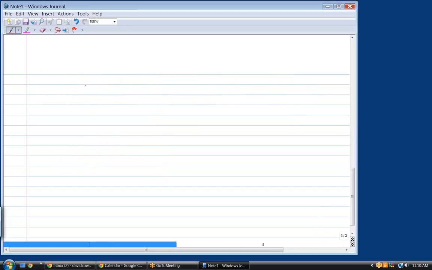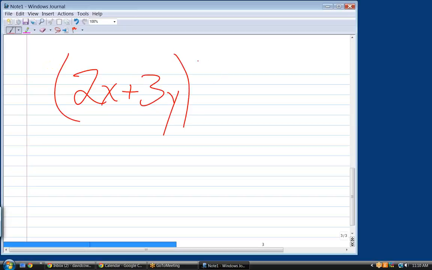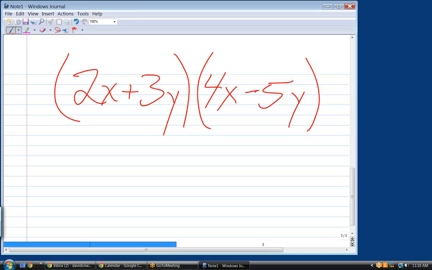Let's go now to multiplying. All right. Have they taught you how to do this by a method called FOIL? No. Okay, well, I don't know if they still teach FOIL or not.